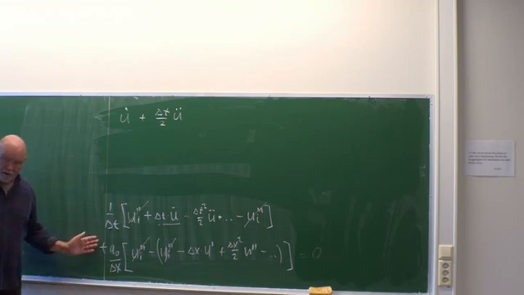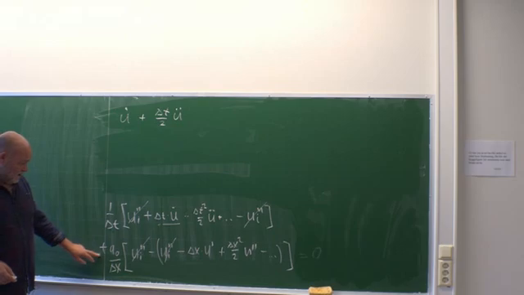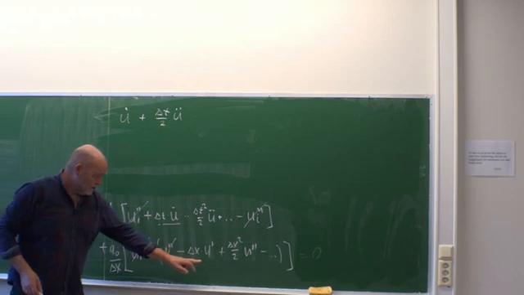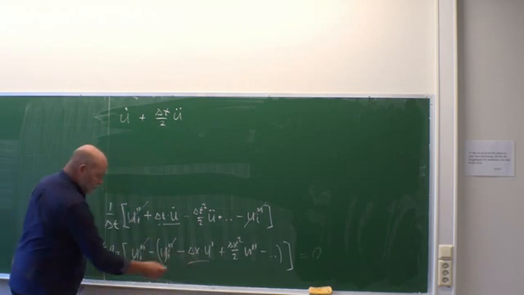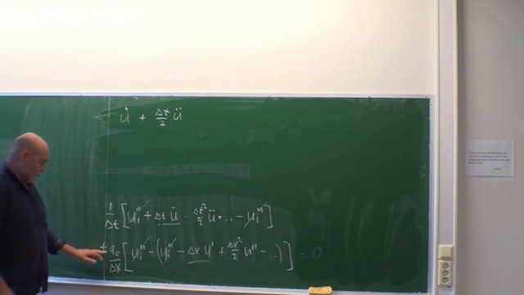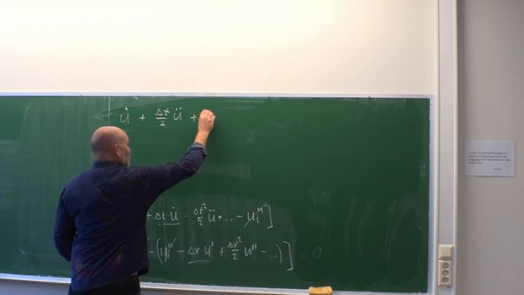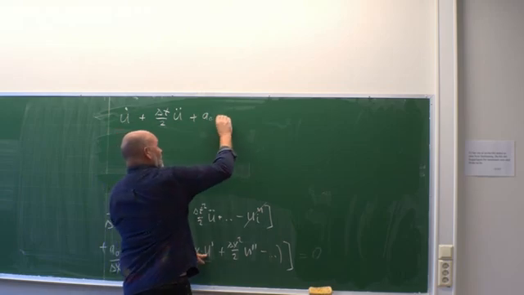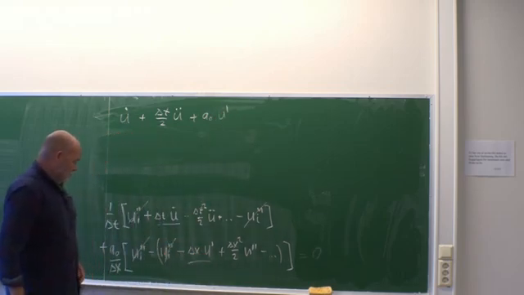Okay. What about in space? Here we will have minus minus becomes positive. So this term will survive. And we divide by delta x. So I will have plus a0 multiplied with u space derivative.